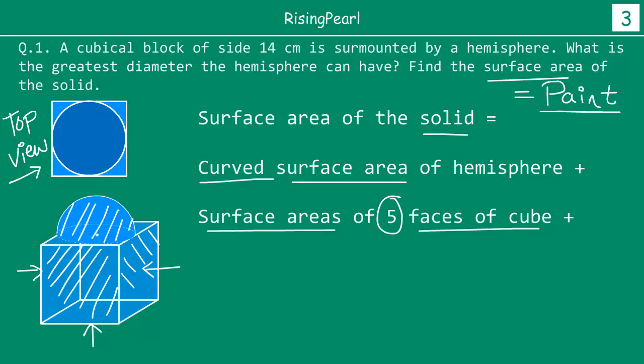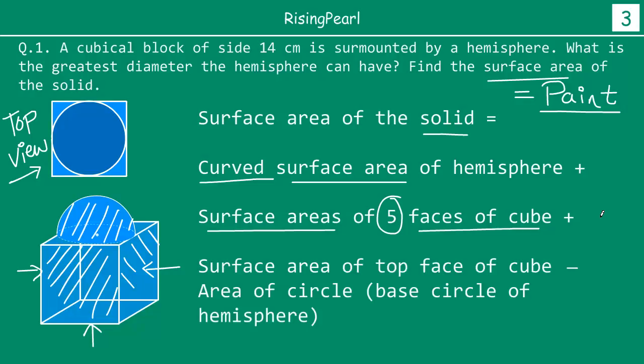Then plus the surface area of the top face of the cube, which is the 6th face, but minus the area of the circle, which is the base circle of the hemisphere. Because if you think about it from the top, this is the entire surface area, which is in the light blue.